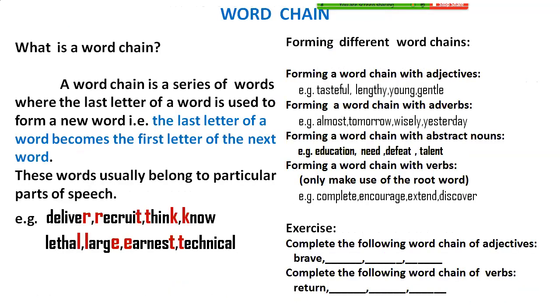We move on to another kind of word building activity, and that is forming word chains. Now, what is a word chain? A word chain is a series of words where words follow each other, and the last letter of the word is used to form a new word.